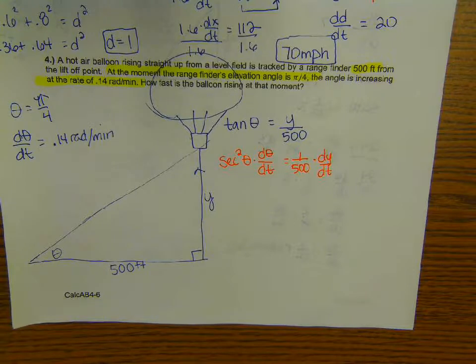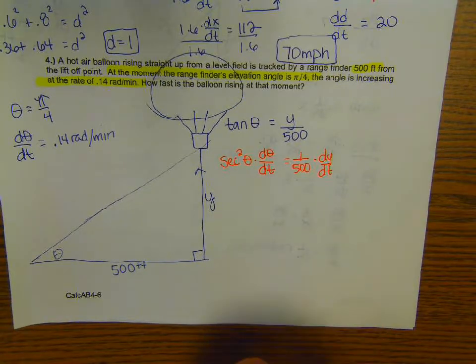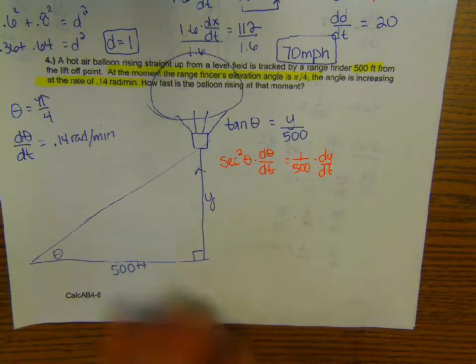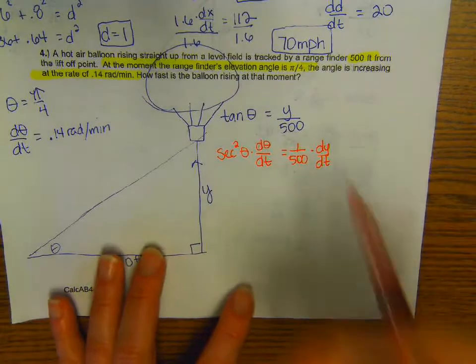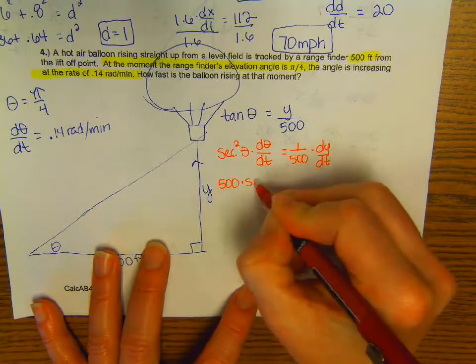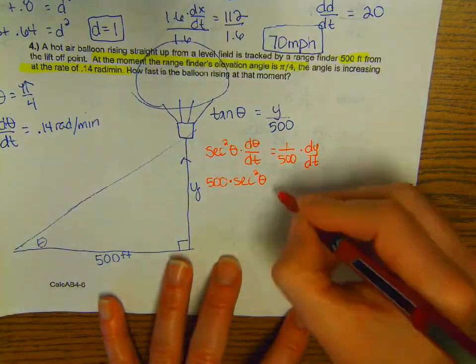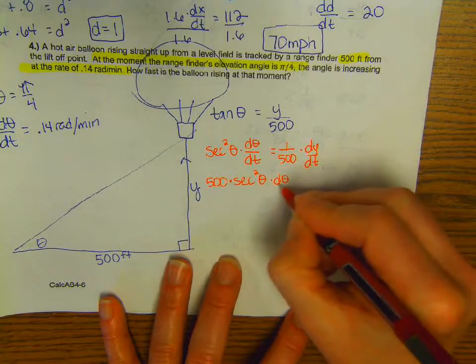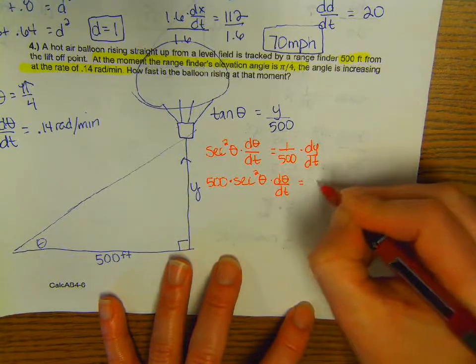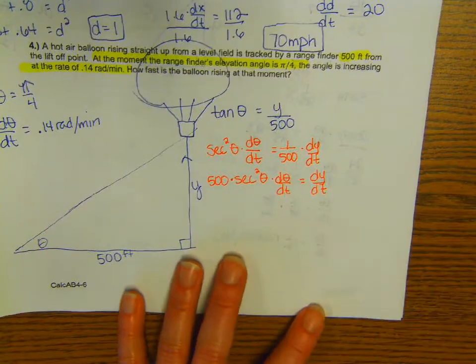So if I were to solve for dy dt in a second, how do I do that? Yep. So my answer is going to be 500 times whatever the secant of theta is squared, and we're going to find that in a second, times d theta dt, which I know. That's going to find the rate of change of that rising balloon.